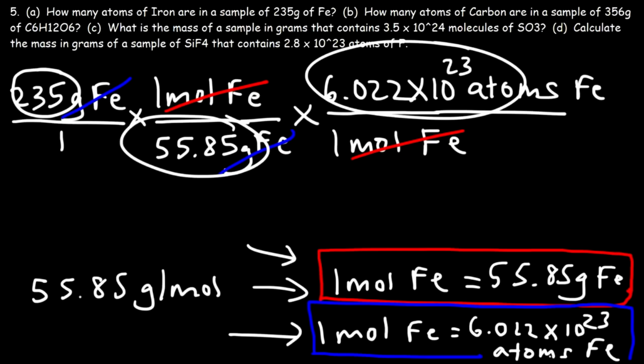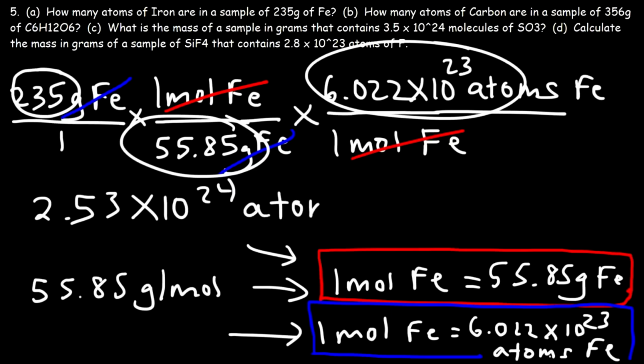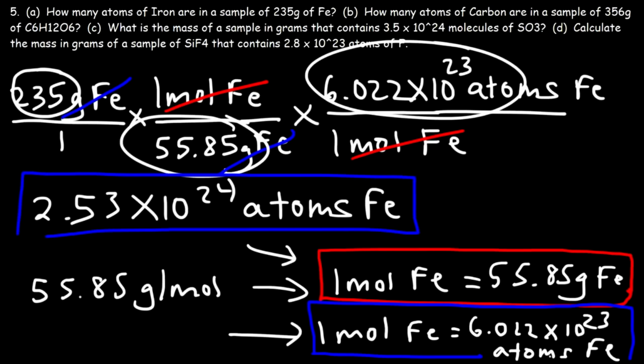So the final answer that I got is 2.53 times 10 to the 24 atoms of Fe. And so that's it for this problem. That's how you can convert from grams to atoms without changing the substance.